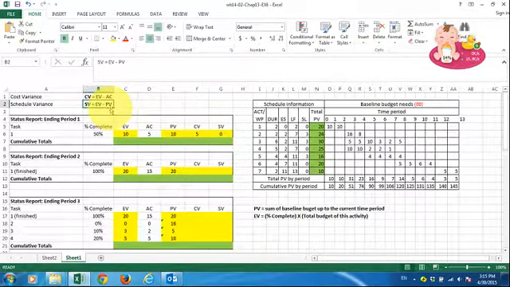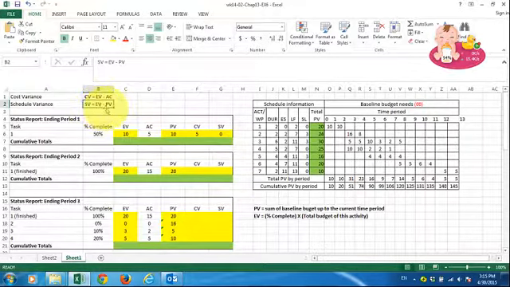Okay, so if you have got a positive SV, the schedule variance is positive, that means your earned value is greater than your planned budget. So that means you are ahead of schedule, like you completed more of your work than what is expected.